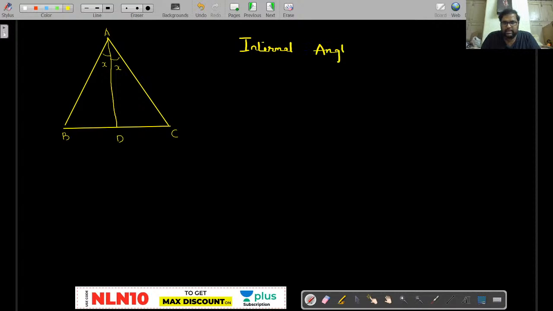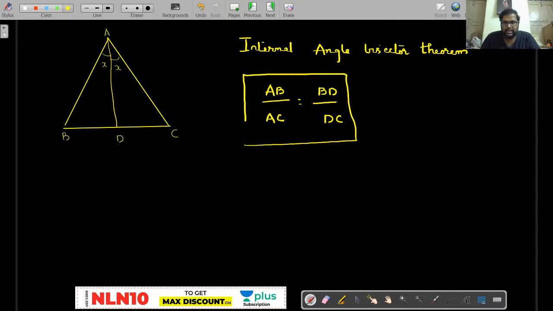According to the internal angle bisector theorem, AB by AC will be equal to BD by DC.